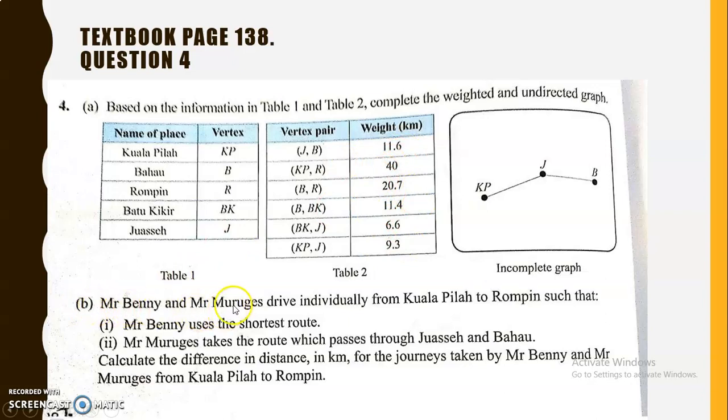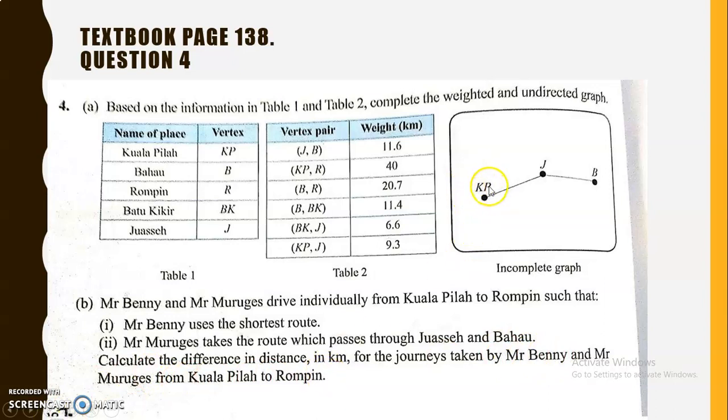So we look at question B. Mr. Benny and Mr. Murugesh drive individually from Kuala Pilah to Rompin, such that Mr. Benny used the shorter road and Mr. Murugesh takes the road which passes through Juasseh and Bahau. Calculate the difference in distance in km for the journey taken by Mr. Benny and Mr. Murugesh from Kuala Pilah to Rompin.